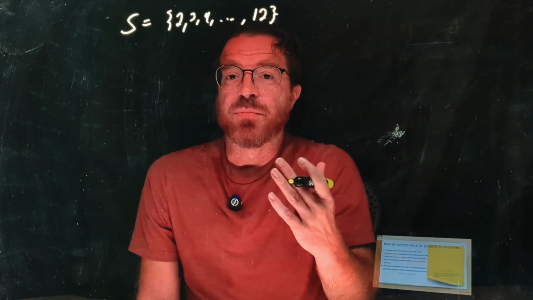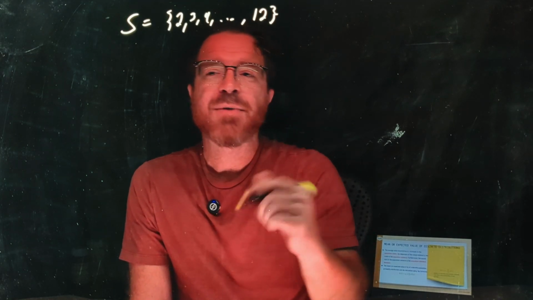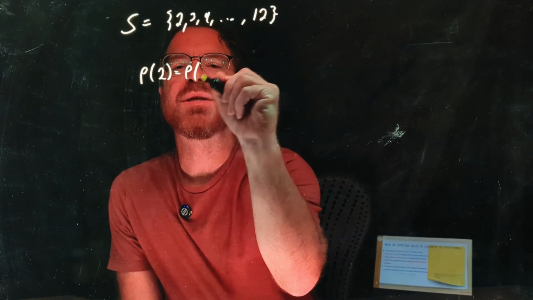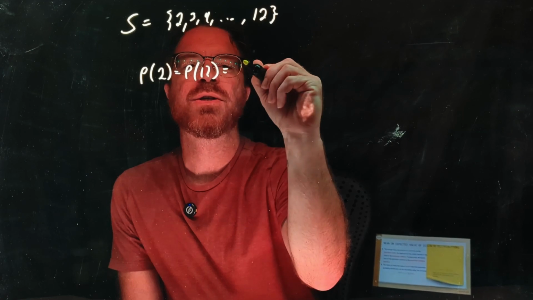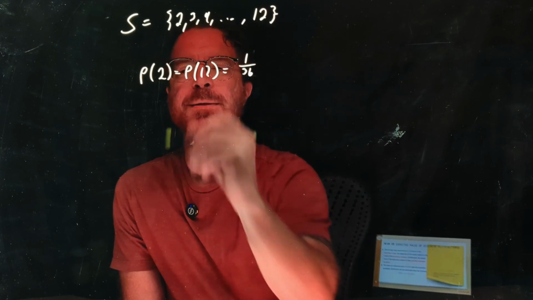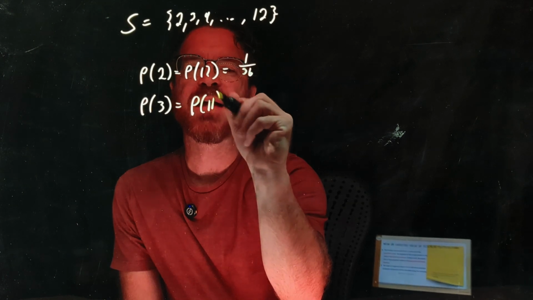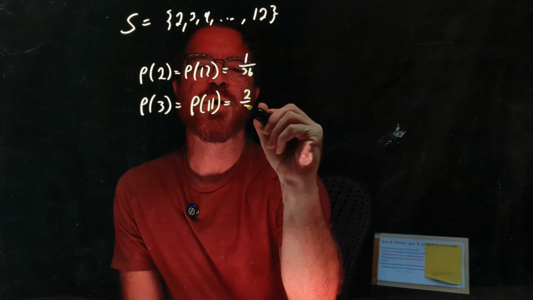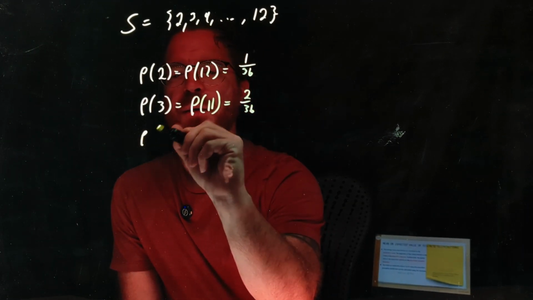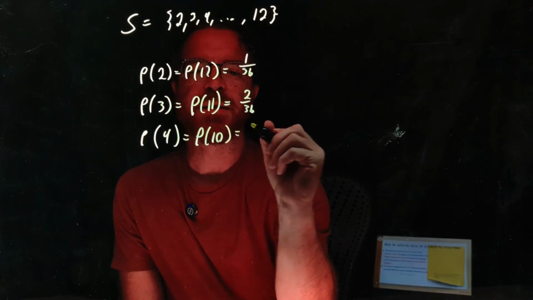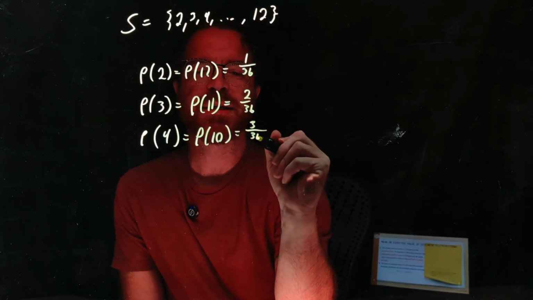So let's actually remember what our probability of each of these outcomes are. So if you remember, the probability of 2, which is equal to the probability of being a 12, is just 1 over 36. The probability of getting a 3, which is equal to the probability of getting 11, is equal to 2 over 36. The probability of getting a 4, which is equal to the probability of being a 10, is equal to 3 over 36.